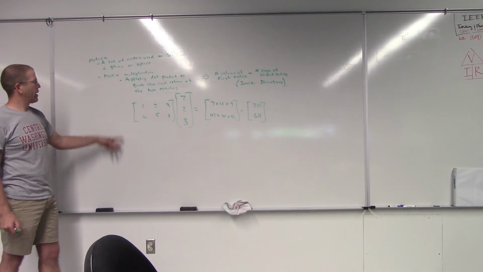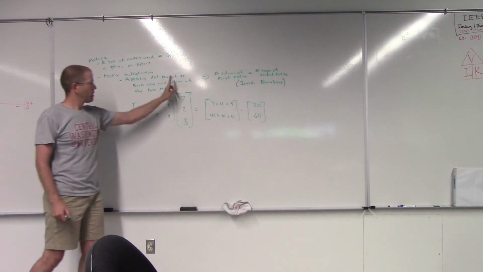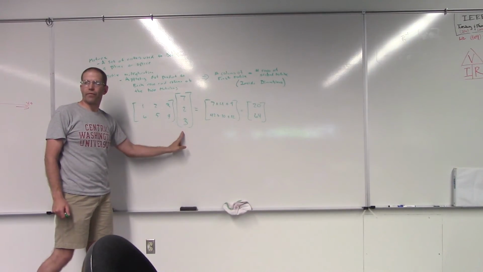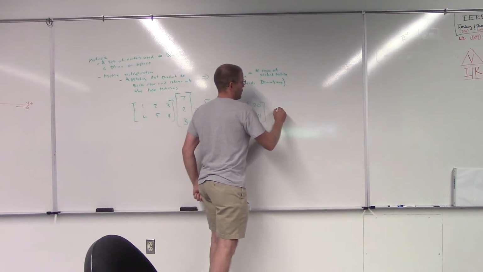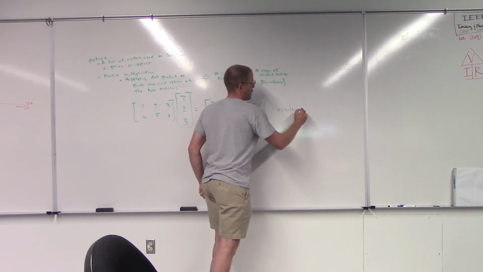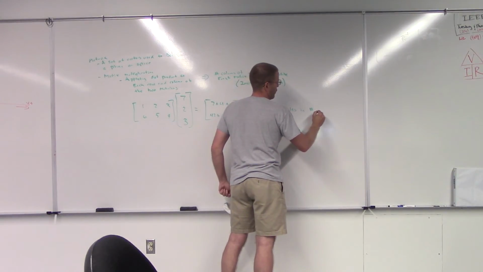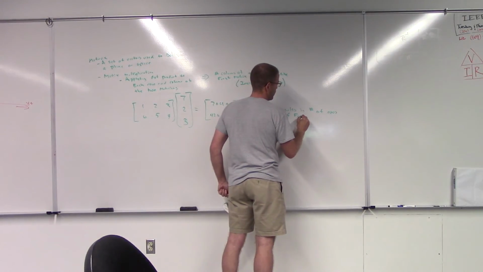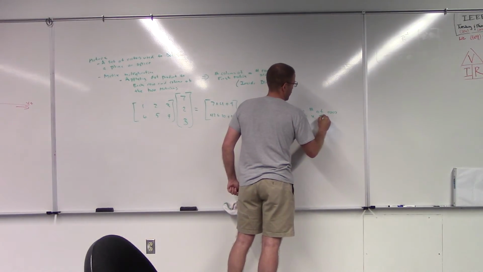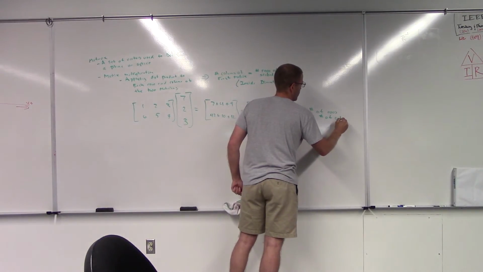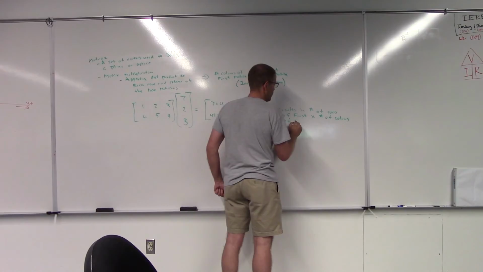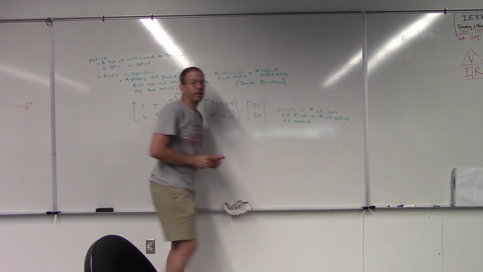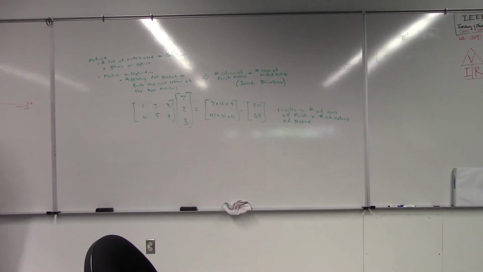In this case, we see that we have a 2-row by 1-column solution, okay? So the number of rows of the first by the number of columns of the second. That's a real good way to at least check to see if you're on the right track when you're performing this matrix multiplication.